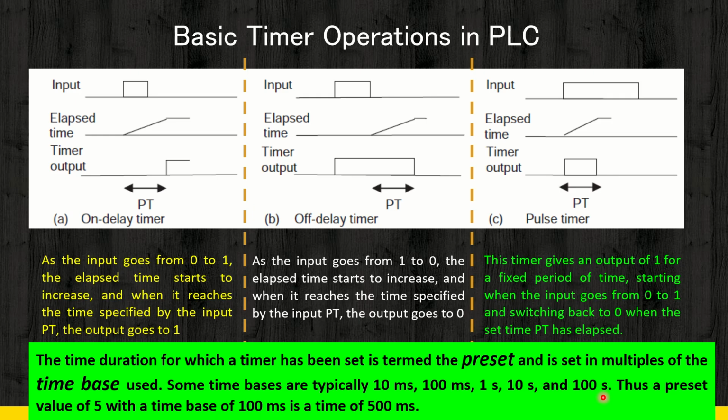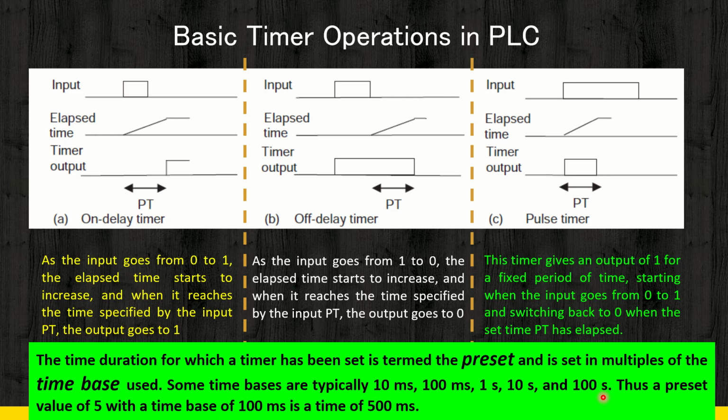Suppose your time base for a particular timer is 10 millisecond, and you need a 1 second delay, or 1 second preset. How much preset will you have to give? You will have to give 100, because 100 into 10 millisecond is equal to 1 second delay.